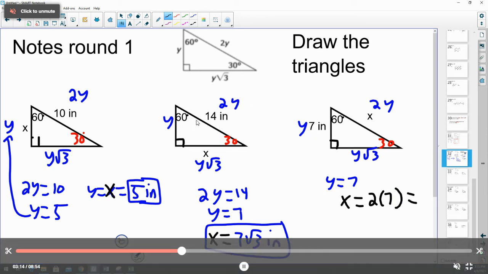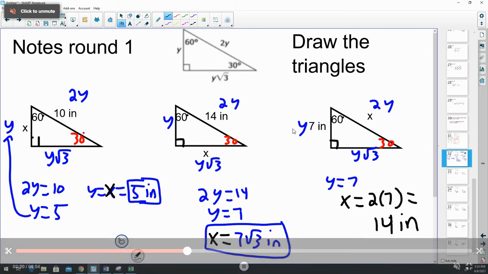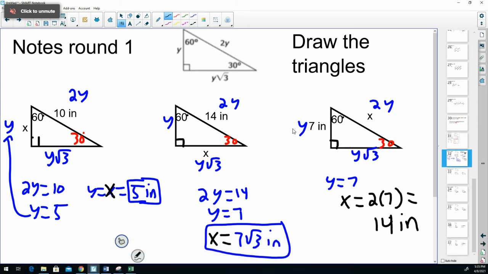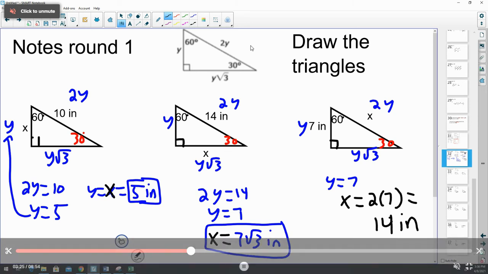And notice how these triangles are actually the same triangle. So all we did was multiply that 7 by 2 because we got y is 7, and this side is 2y. 2 times 7 is 14.